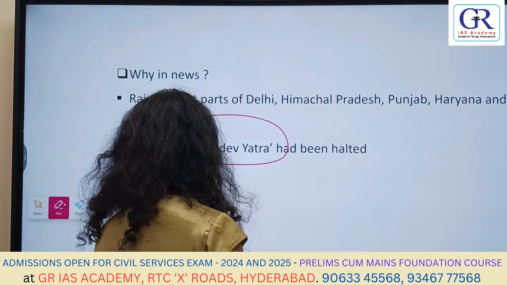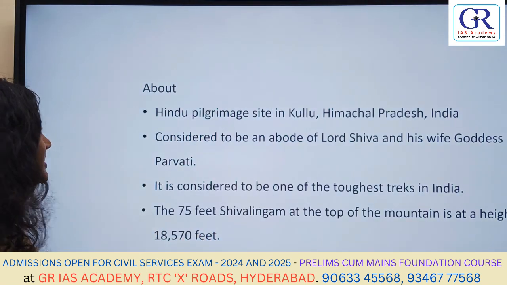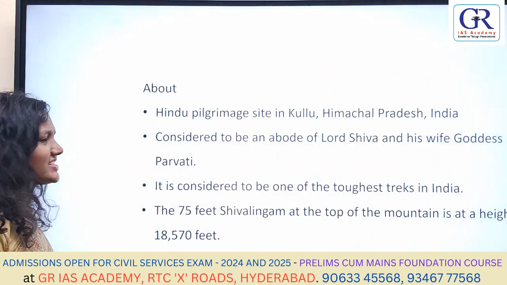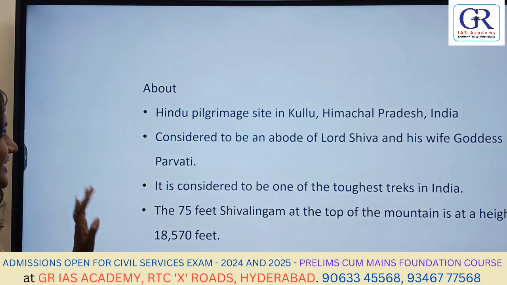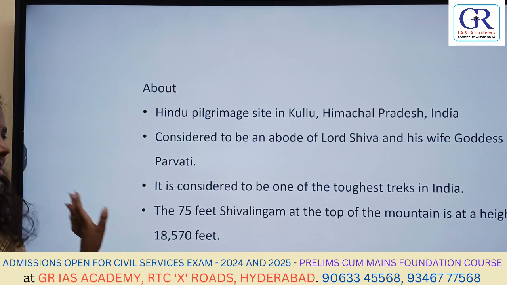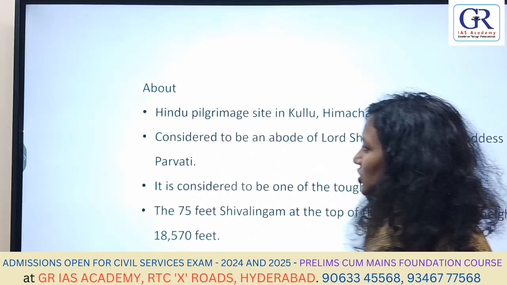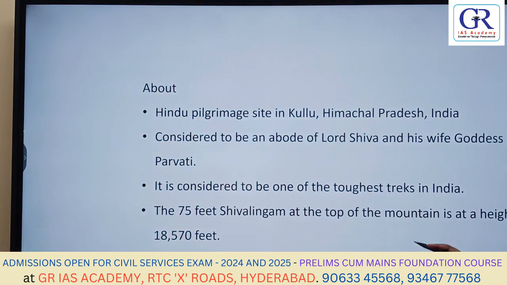Here you can see this Shrikhand Mahadev Yatra is a Hindu pilgrimage site in Kullu, Himachal Pradesh, India. It is considered to be an abode of Lord Shiva and his wife Goddess Parvati. It is also considered to be one of the toughest treks in India.